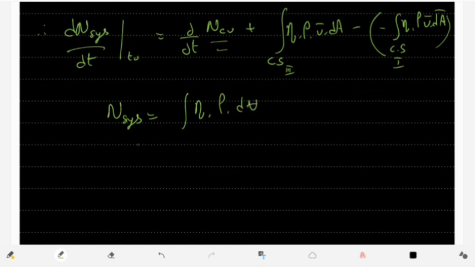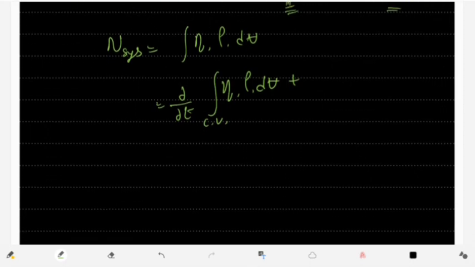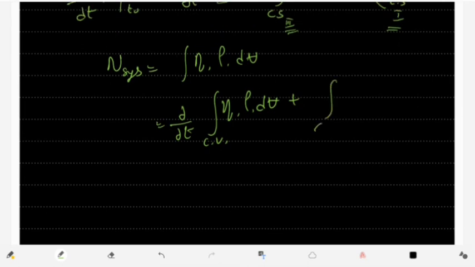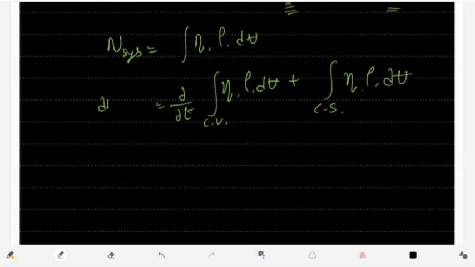In place of N CV I can write it as dou by dou t of the integral over the control volume of eta into rho into dV, plus, now here control surface 3 and control surface 1 together will be the total control surface, integral of eta into rho into v bar dot dA bar, which is nothing but the derivative of the system with respect to time.